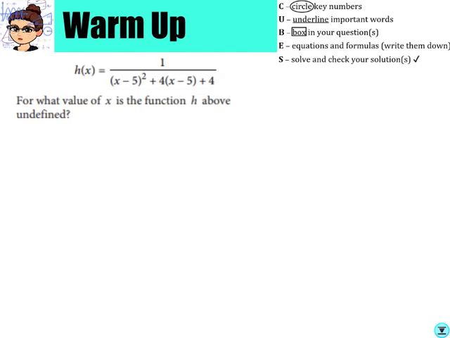So this one's going to be for what value of x is the function h above undefined. So remember that undefined is where our denominator does not equal 0. Okay, so that means we need to expand that whole denominator.